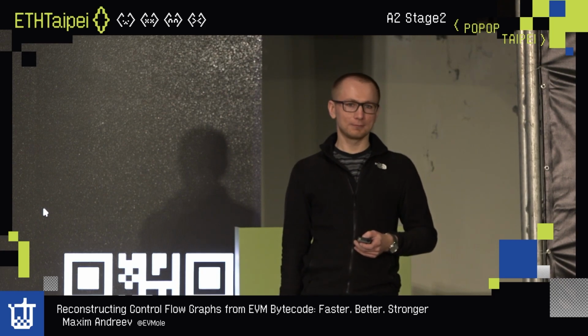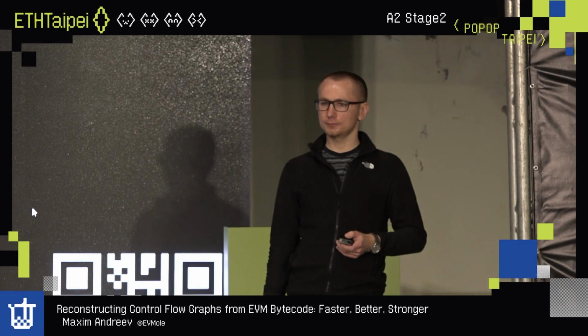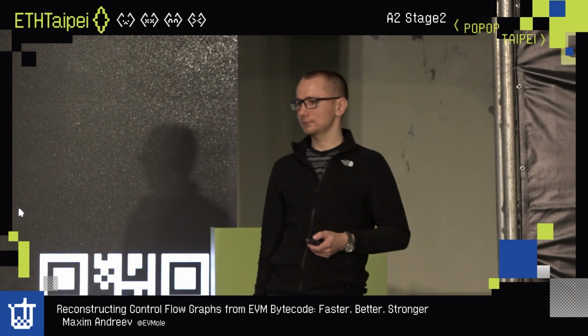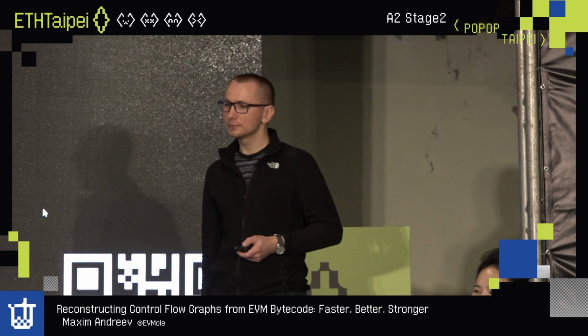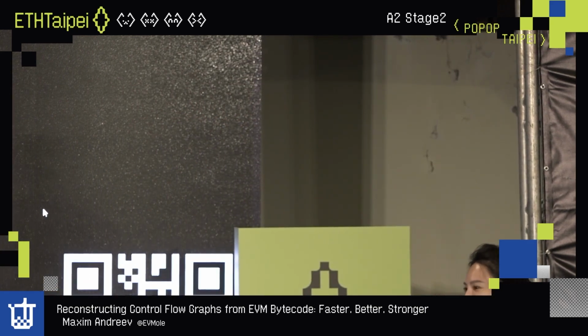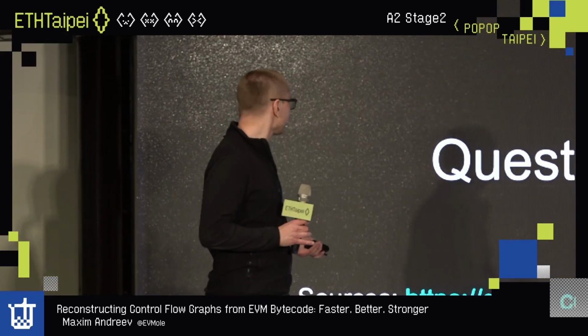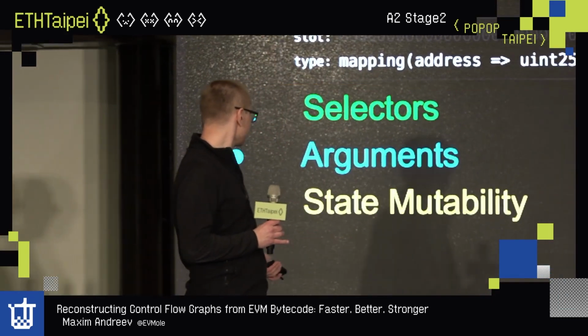Thanks for the question. Any other questions? Some 333 contracts were affected by your limitation on the number of analysis steps. Do you remember if there was any widely used contract among those?